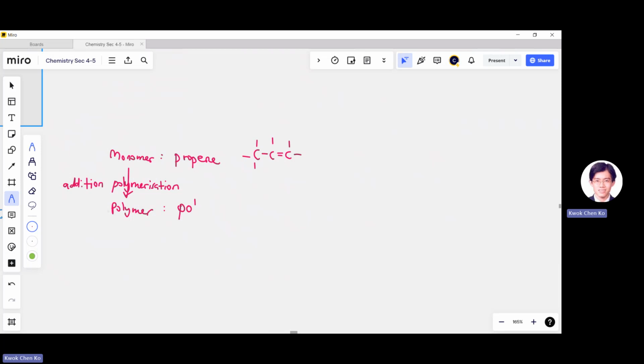That's poly. Yes, good. Just add the word poly in front and you get polypropene. This is polypropene. I'm not so expert at it, but I think so, because when I bought it, they said polypropene.